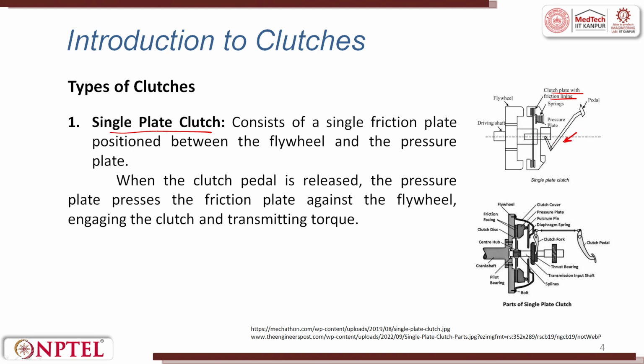A single plate clutch consists of a single friction plate positioned between the flywheel and the pressure plate. When the clutch pedal is released, the pressure plate presses the friction plate against the flywheel, engagement of the clutch happens and transmitting of torque happens. That means, pressing the pedal is disengaging, and when we release it, it is engaging.